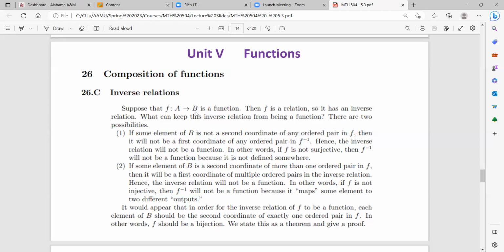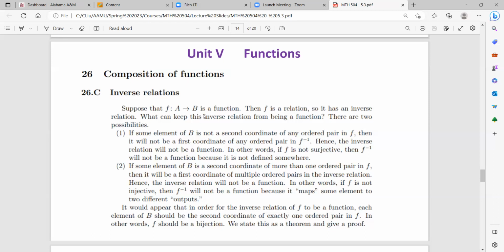Then when you do the reversed relation, or inverse relation, you try to map the elements in B to A. But if there are some elements in B not coming from mapping f from A, then there's no way you can map those elements back to A by the f inverse relation. So that's one case when the inverse relation is not a function.